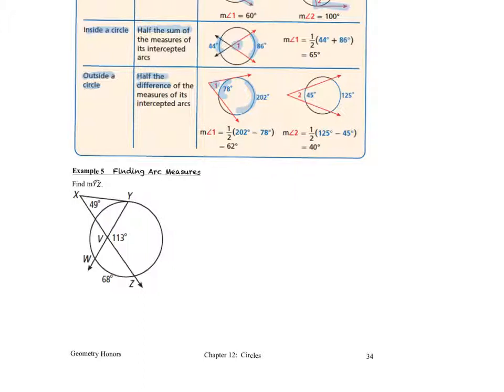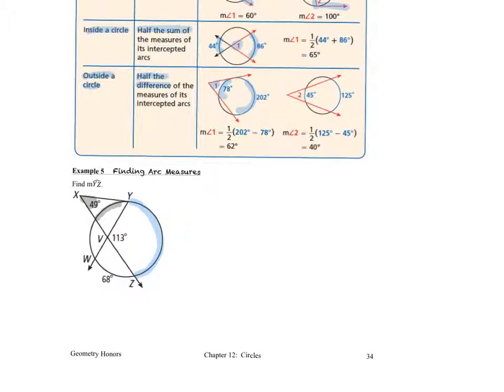Okay, if I'm looking for the measure of arc YZ, so in the end I want this. Well, it's not an inscribed angle, but it's coming off of an angle that's in the exterior. So if I knew this angle, I could just subtract. If I knew that arc measure, I could just find the difference and subtract them.